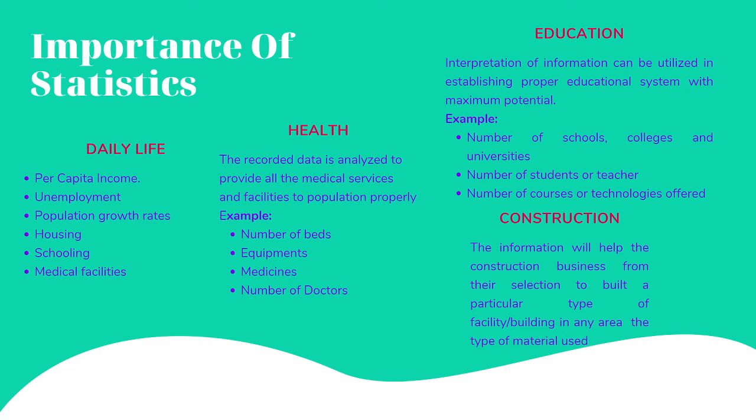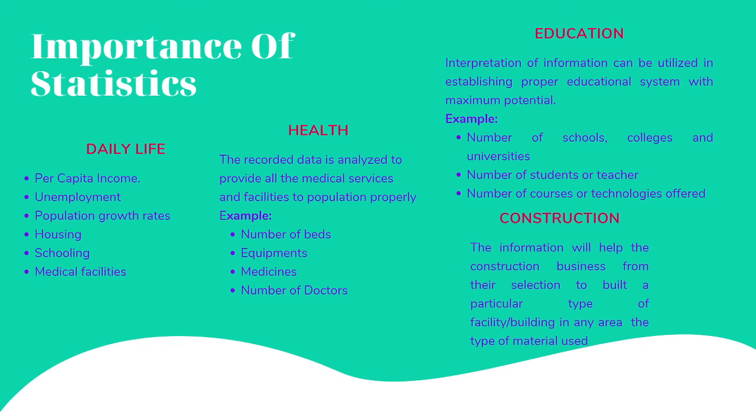Now, for example, in education, interpretation of information can be utilized in establishing a proper education system with maximum potential. For example, the number of schools, colleges and universities, number of students or teachers in a particular campus, number of courses or technologies offered by any institution. Now, in the construction business also, the information will help in the selection of a particular type of facility or building.